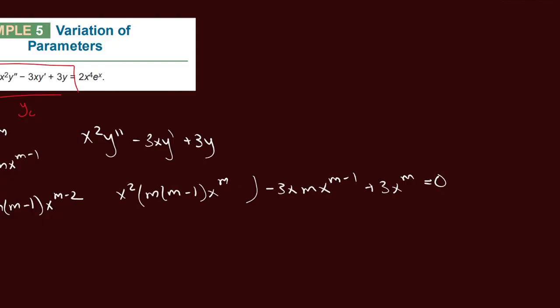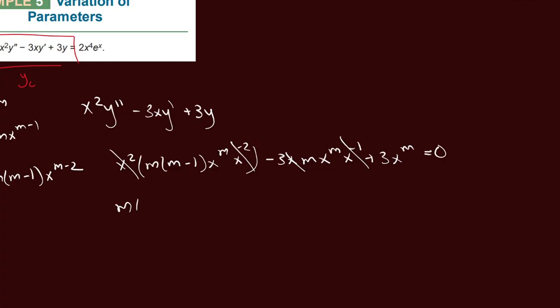Now recall, we could rewrite these x's like the following, and we see this cancels out, and this cancels out. So now we have m times m minus 1 times x to the power of m, minus 3m times x to the power of m, plus 3x to the power of m equals 0. All the x's cancel each other out.